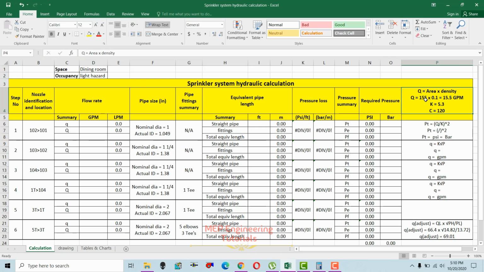I took 155 square feet per sprinkler as per NFPA 13. This is the coverage area, and this 0.1 is the density. You need to multiply area with the density to get the flow rate across each sprinkler.